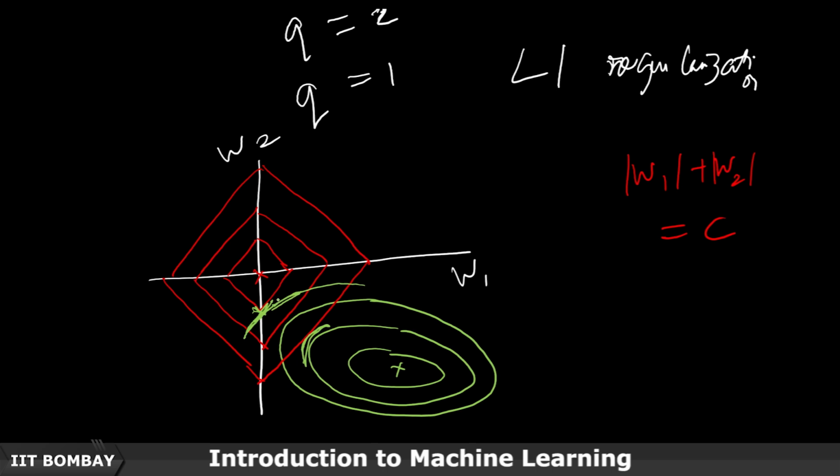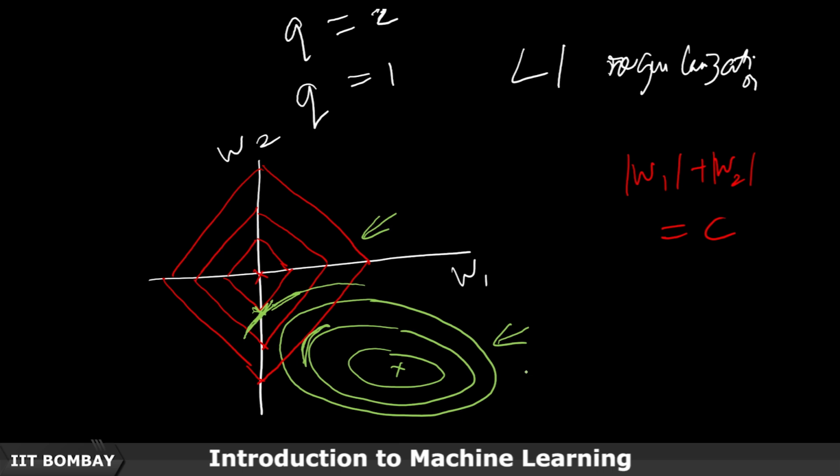Now you might be asking at this point why these are elliptical and why the other ones are not elliptical, or why the contours of the LQ norm of W are either circular or squares.